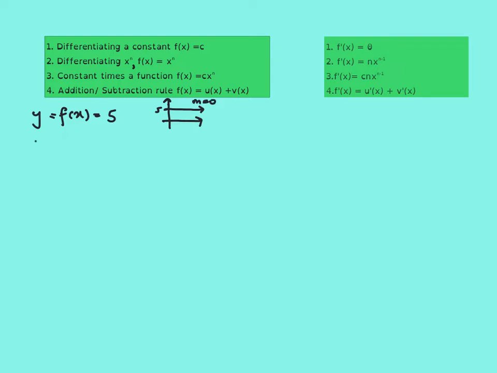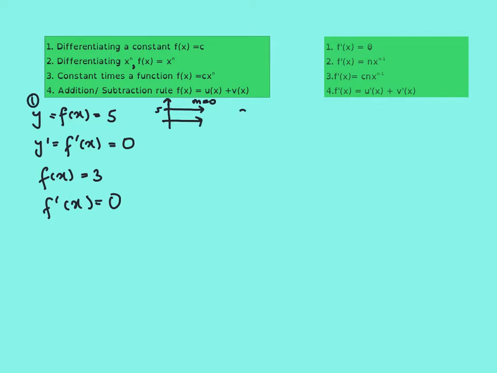So therefore, y dash or f dash of x of the constant 5 is equal to 0. If you do want another example, f of x is equal to 3, f dash of x is equal to 0. So this is using the first rule, differentiating a constant.